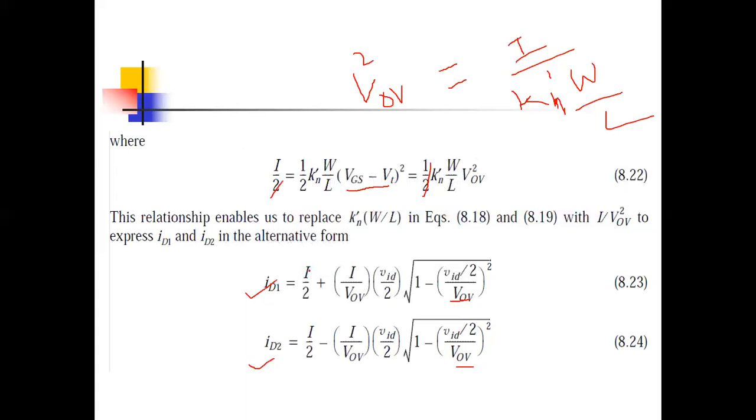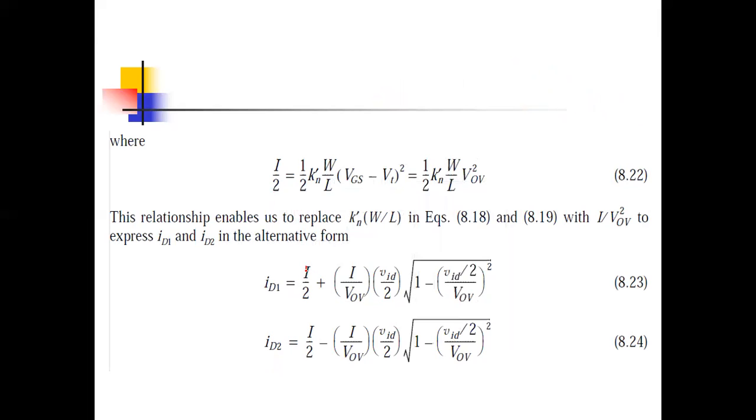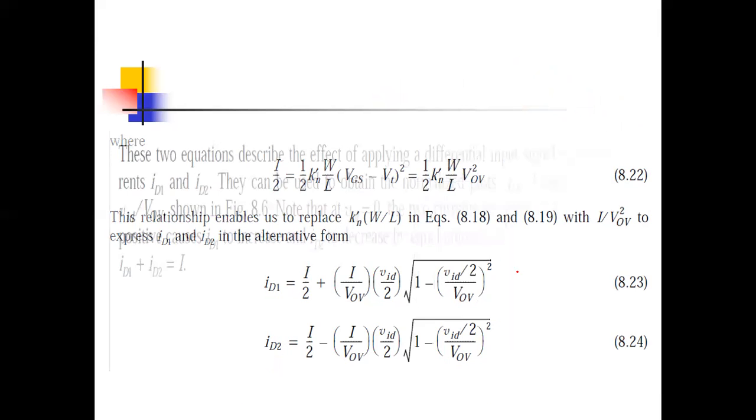It means if you take I common on the right side, this I will be 1, and this I will be in the denominator, same here. So now on the left side the term is ID2 upon I, and on the right side it is VID upon VOV. So now we can get the plot of ID upon I versus VID upon VOV.